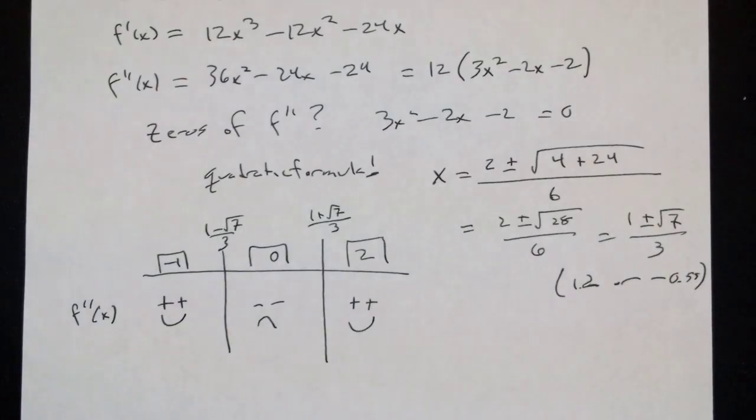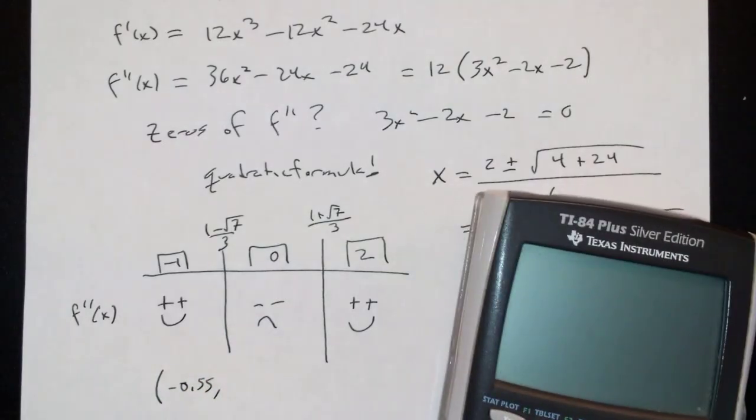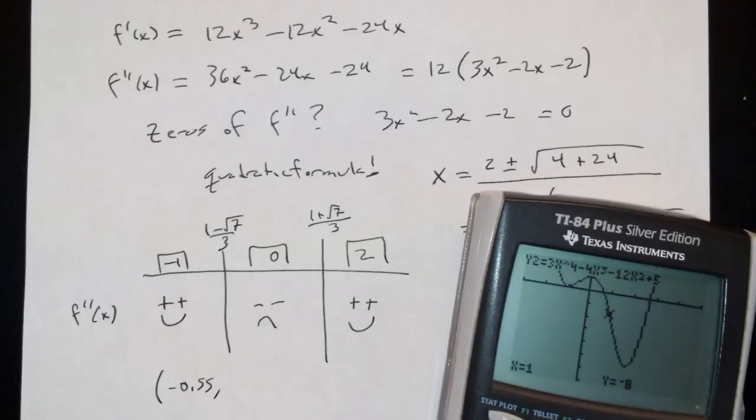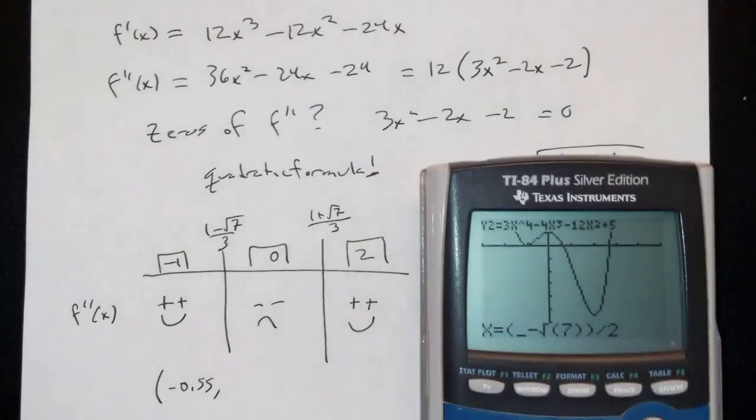And if I want, I can use the trace button on my calculator to give you y values. And you can actually give me a point. Please notice you can actually put in the number exactly.